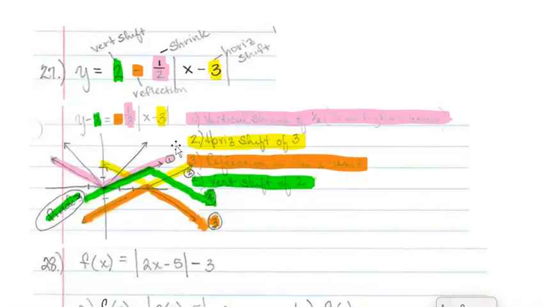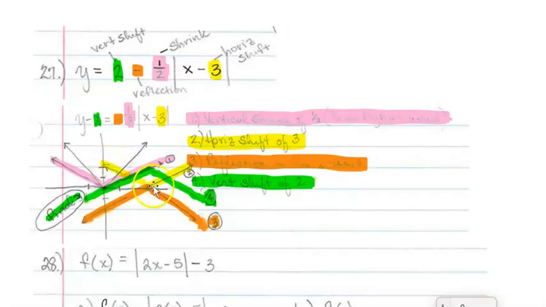All right, then the second thing I want to look for is a horizontal shift. So any value subtracted from x is a horizontal shift. So that's a horizontal shift of +3. So we're going to take that pink graph that we just had right here, and we're going to go over 1, 2, 3 and draw the exact same thing. All right, then we're going to look for reflection. And remember, if you have a negative out in front of the entire function, that's reflection in the x-axis.